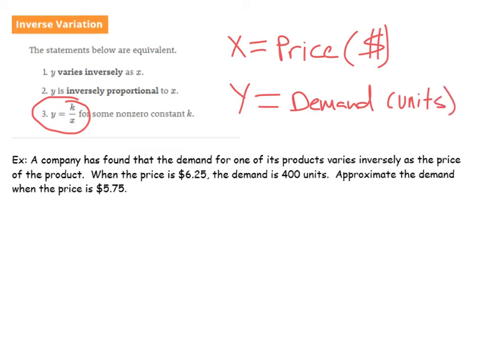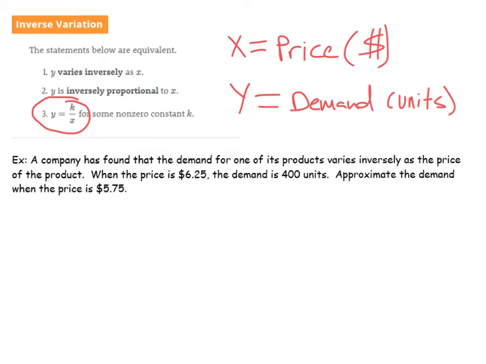So obviously switching context quite a bit, from a physics example to one that's really an economics example, but it's worth addressing the context to see why we are switching to an inverse model. As price goes up, the demand goes down.